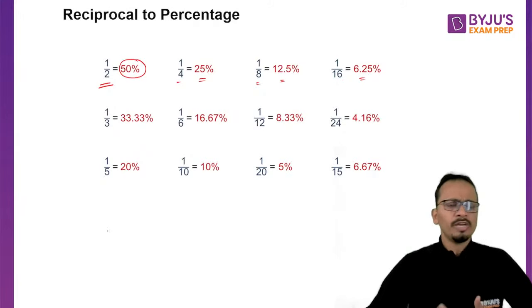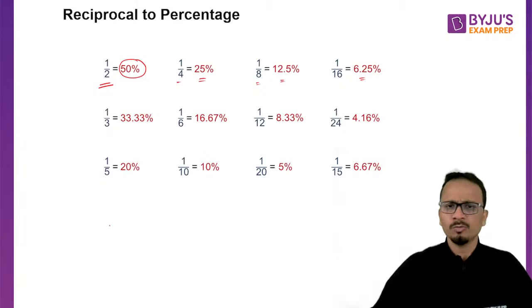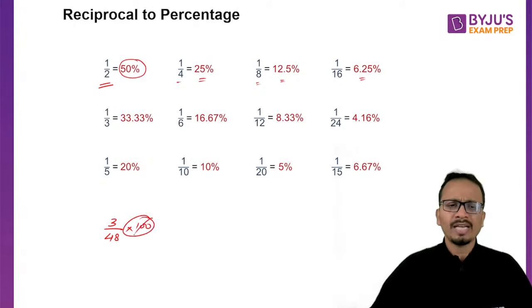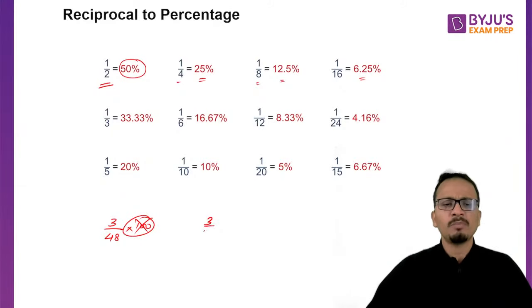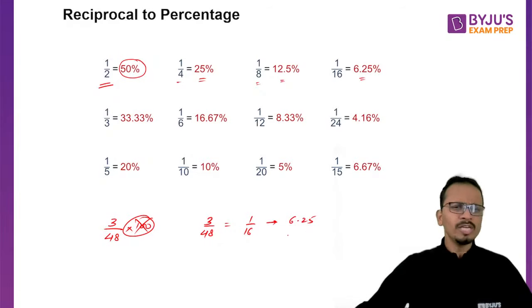So if in the examination you have a calculation like 3 upon 48 into 100, where you have to calculate 3 is what percentage of 48, there is no need to write that part. You may just write 3 upon 48, convert it to the simplest form, that is 1 upon 16, and directly write it as 6.25. There is no need to divide 100 by 16.